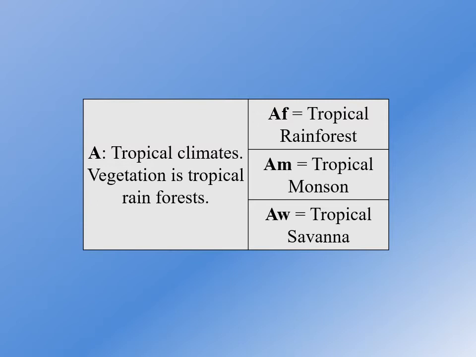So no cold condition, winter condition is really found to occur, because the average temperature is always higher than 18 degrees centigrade. So no real winter. The annual rainfall is very high. It always exceeds the value of annual evaporation. So there is always a net water surplus.